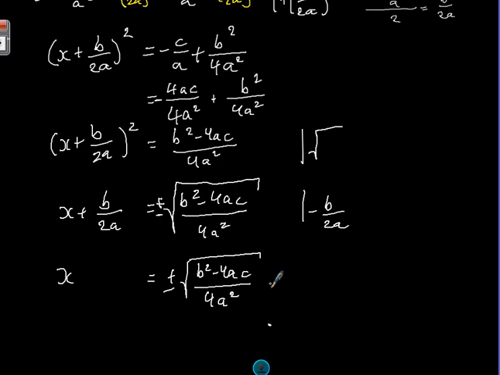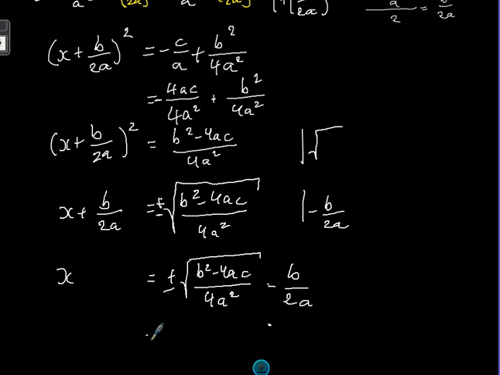And also, we now have here minus b over 2a. What we can do is take the square root of the denominator. There's not much we can do in the numerator because there's a subtraction.